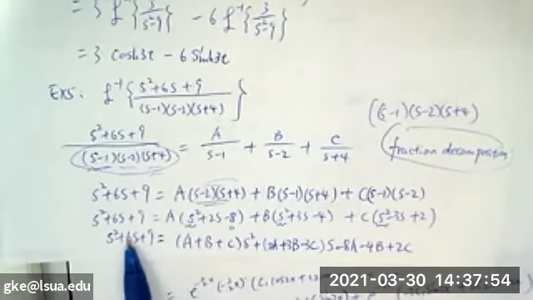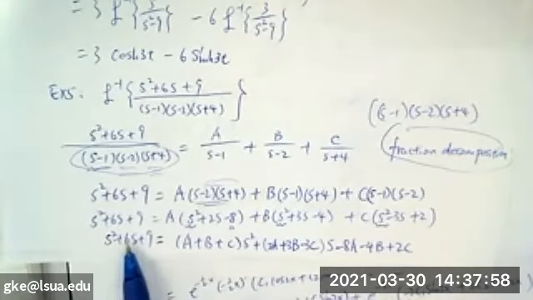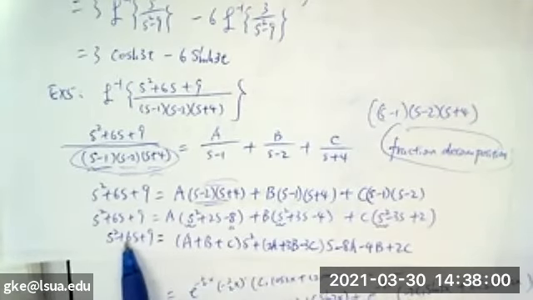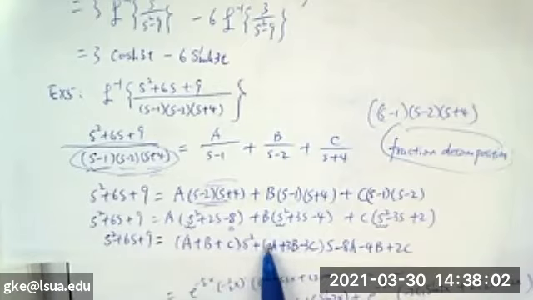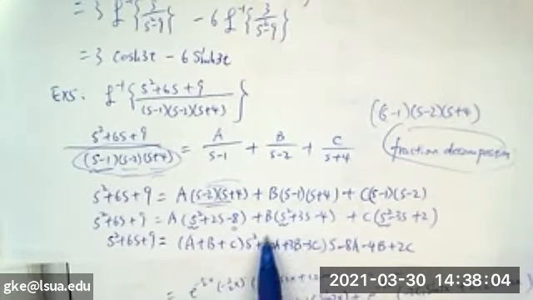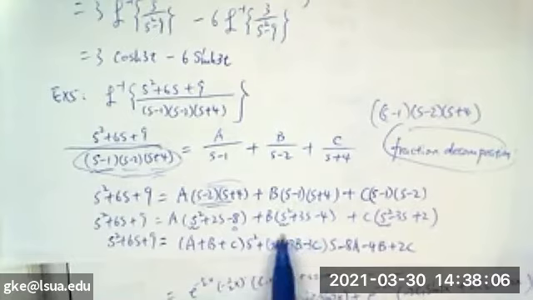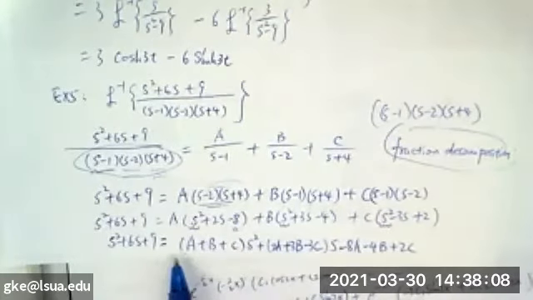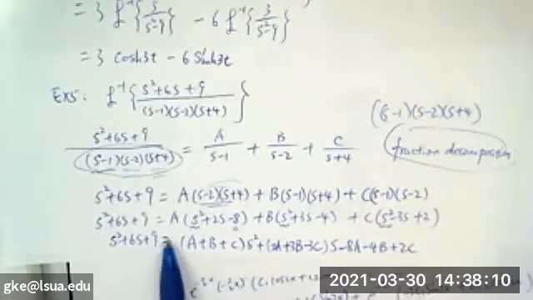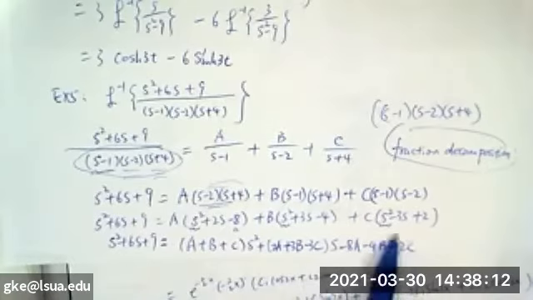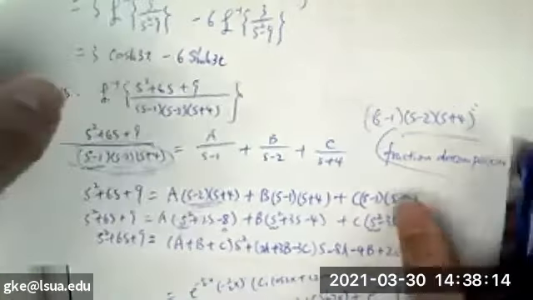Okay. The coefficient of s on the left-hand side is 6. So that means this part should equal 6. Okay. And the constant is 9. So that means this constant should equal 9. Okay, let's take a look.